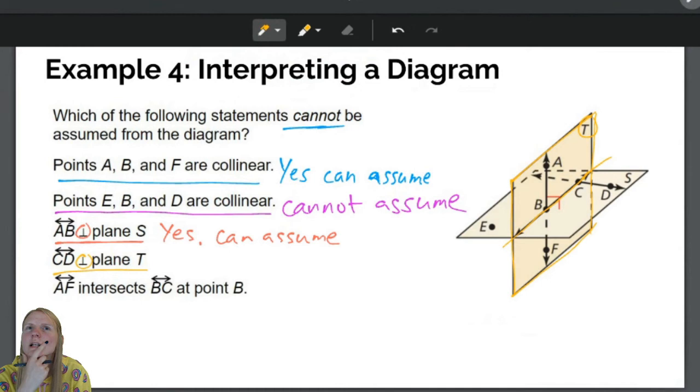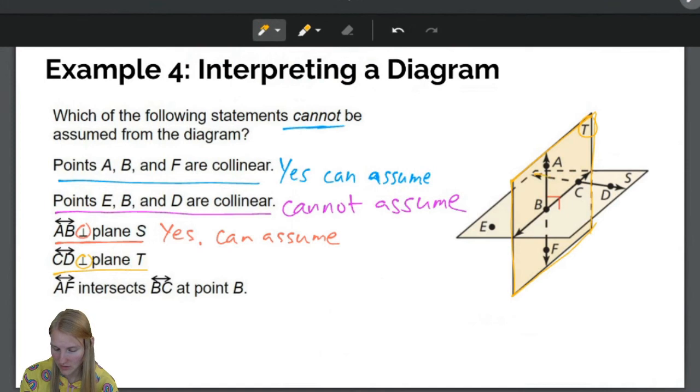CD, plane T. They can't be perpendicular. CD, oh, ha ha. I drew the wrong line. No wonder I was confused. I drew line CB, not line CD. Whoops. Everybody makes mistakes, even in math. The math teacher makes mistakes.